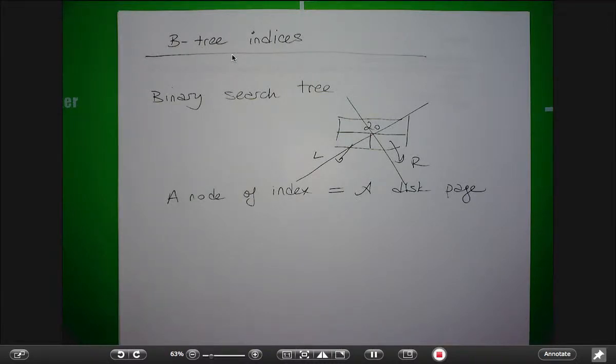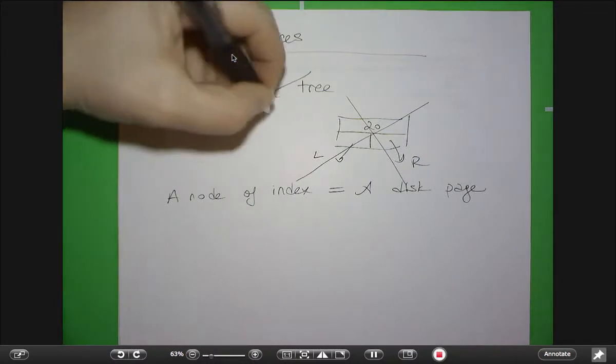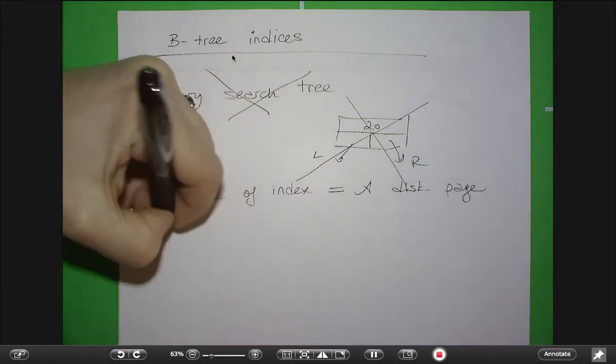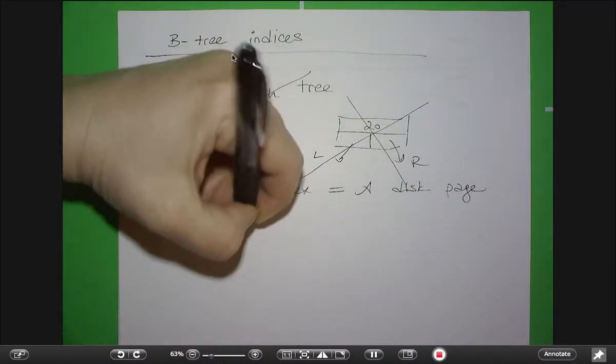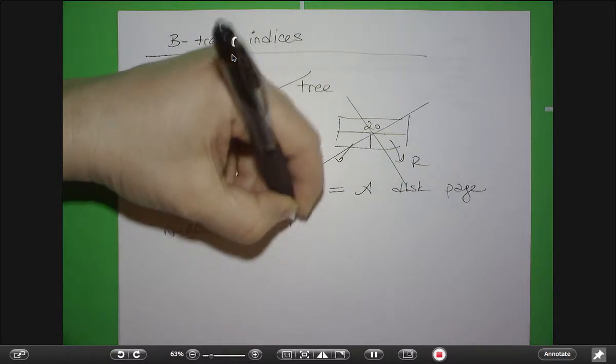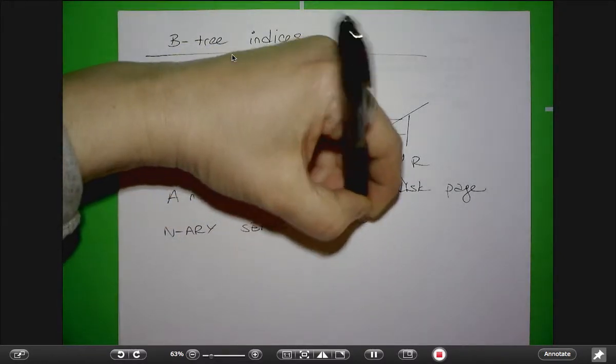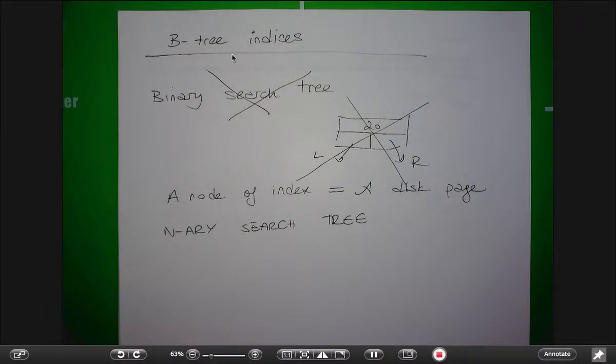Instead, I am going to do not a binary search tree, but an n-ary search tree. Instead of 2 things, I'm going to have n things.